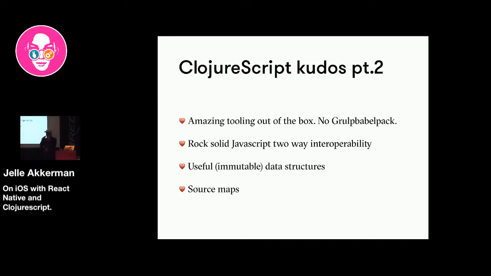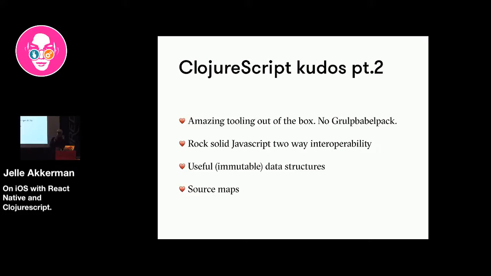More things I don't like about JavaScript was the whole build tooling, so the whole webpack grunt, whatever. That's not needed anymore because Clojurescript comes with its own build tooling, Leiningen or Boot, and they're both completely self-contained and come with like hot reloading and whatever out of the box.